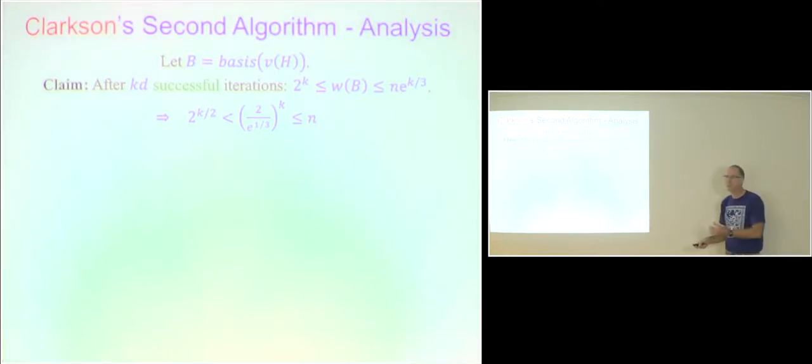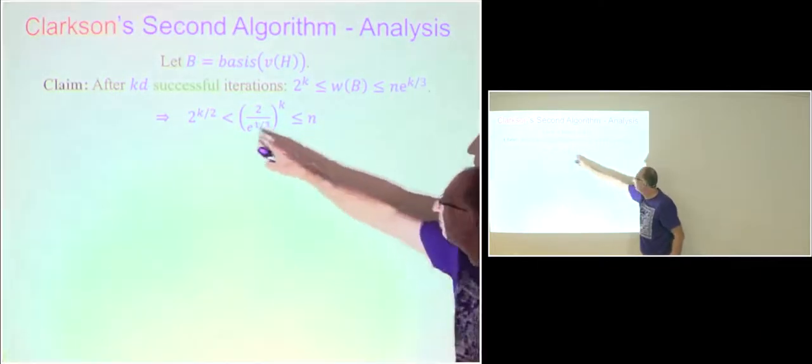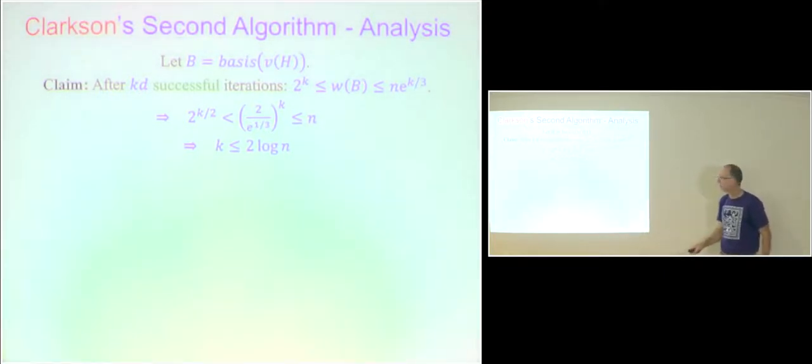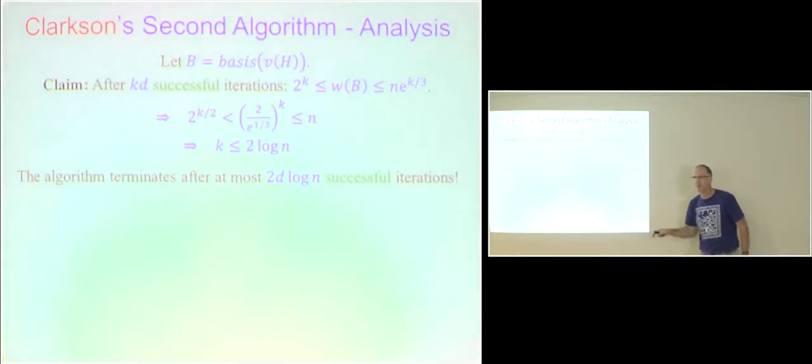That's great. That actually means that k cannot be too large, right? This is exactly what we need. So from this inequality, we get the following inequality, which implies that k is at most 2 log n. So we know that overall the algorithm can perform at most 2D log n successful iterations.